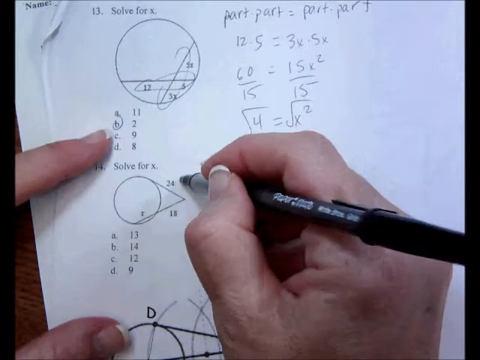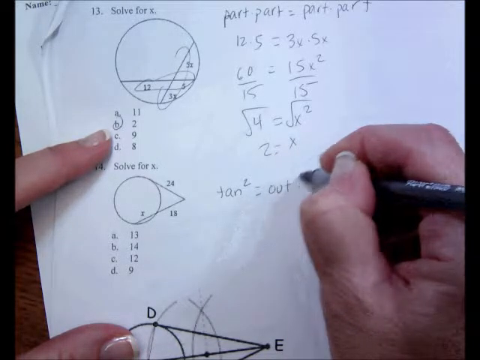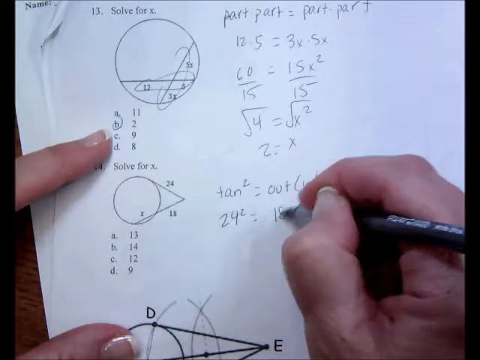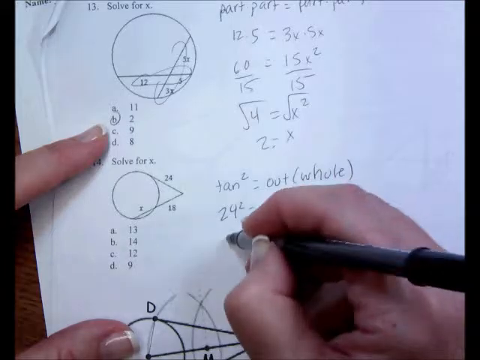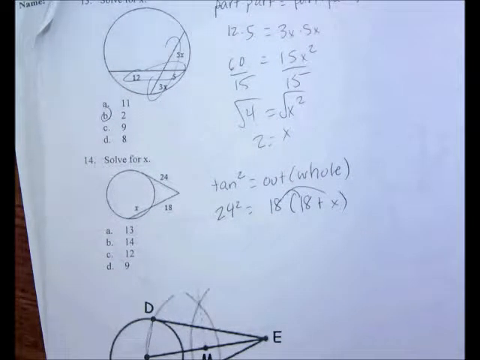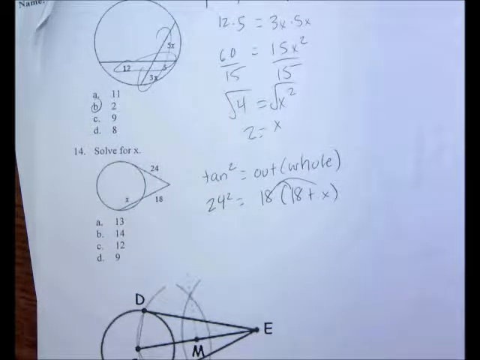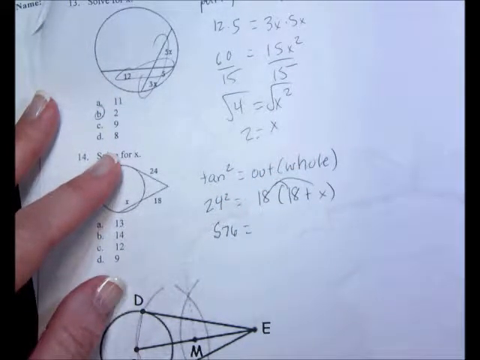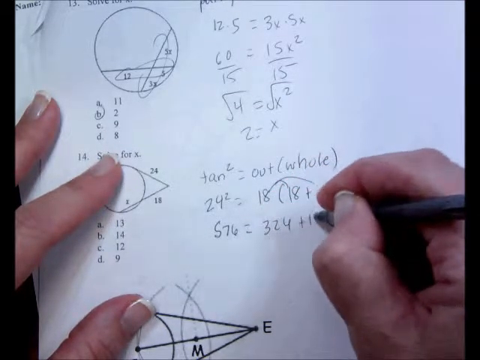Number 14, I have a tangent and a secant. So the formula here is tangent squared is equal to outside times the whole. So 24 squared is equal to outside times the whole, which is 18 times 18 plus x. I will need a calculator for this. 24 squared is equal to 576, and then 18 times 18 is 324 plus 18x.